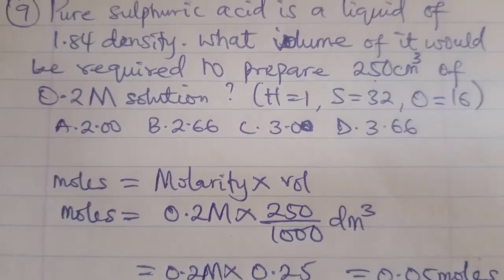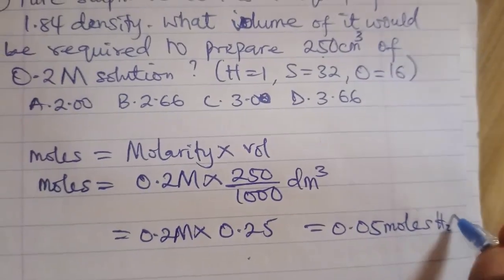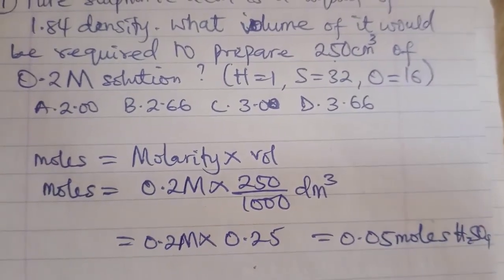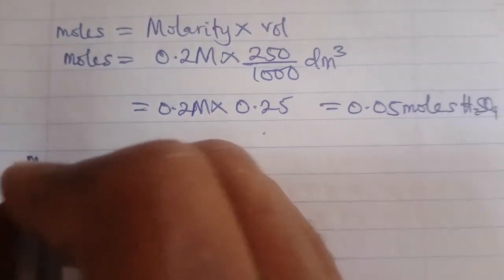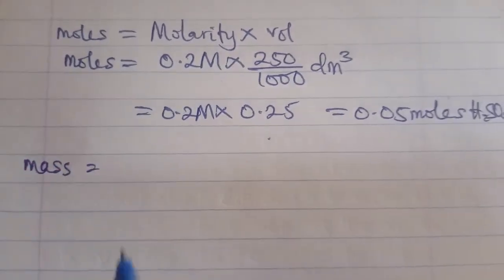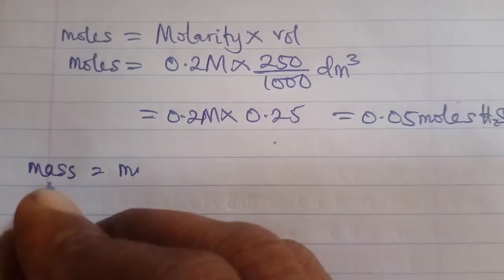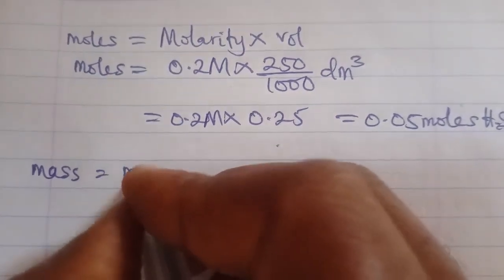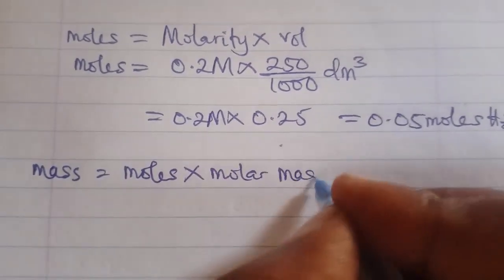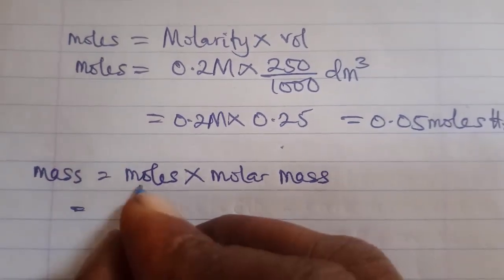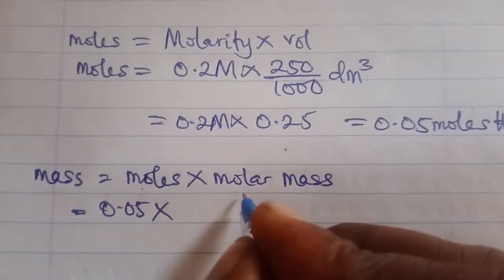Now that we've gotten the moles of H2SO4, what we now need is the mass. Remember that number of moles is equal to mass over molar mass. So if we make mass the subject of the formula, mass becomes number of moles times the molar mass. So we have 0.05 times the molar mass of H2SO4.